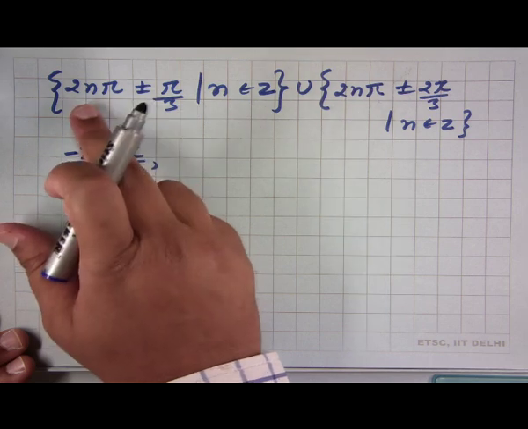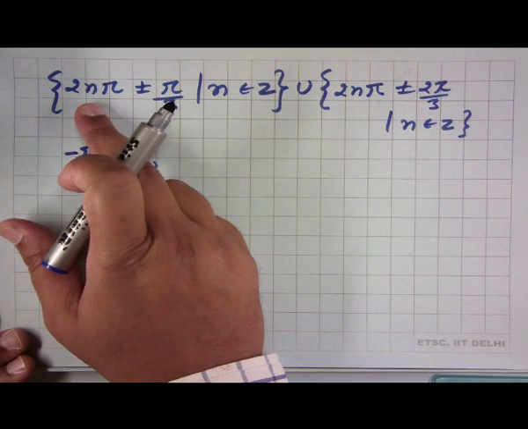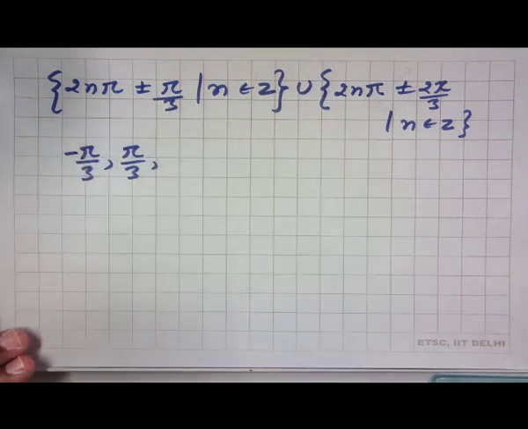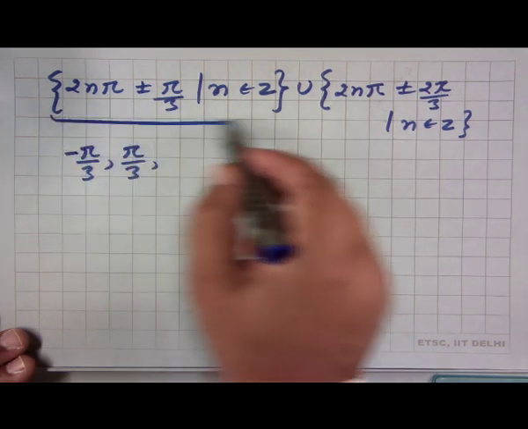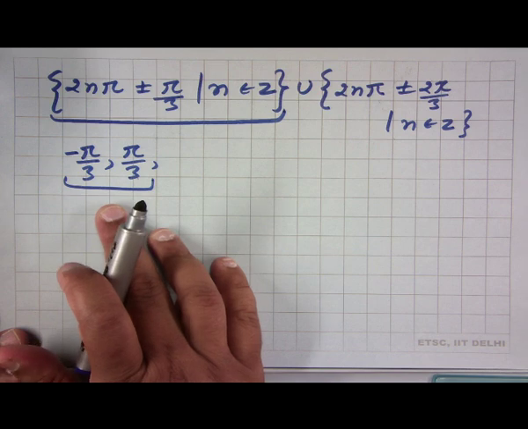Similarly, if we take n equal to minus 1, again we are outside the interval. So from here there are only two solutions which lie in the interval minus pi to plus pi.